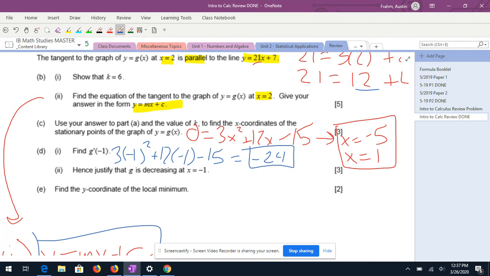All right, so to justify that g is decreasing at x equals -1, we simply need to just look at our derivative value at that point. And since it is a negative slope, that means it is decreasing.